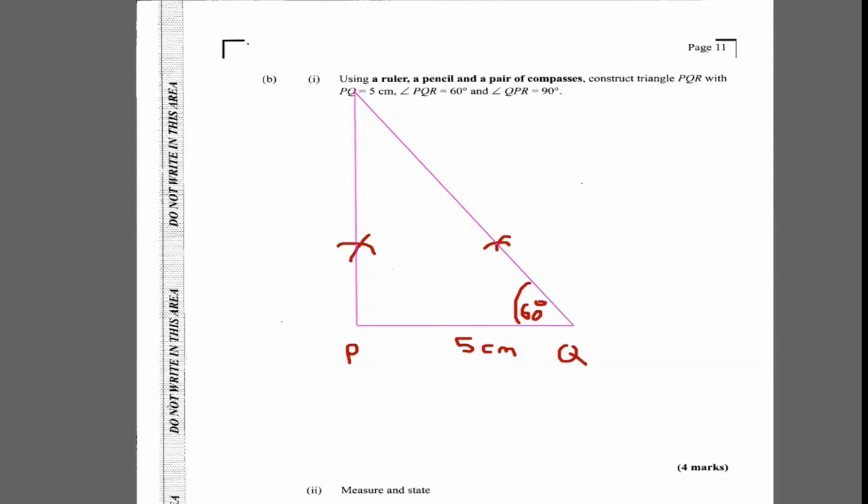Of course, this is not accurately drawn, but this is just a schematic of what you should have. And this angle should be 90. All right. Nice and easy.